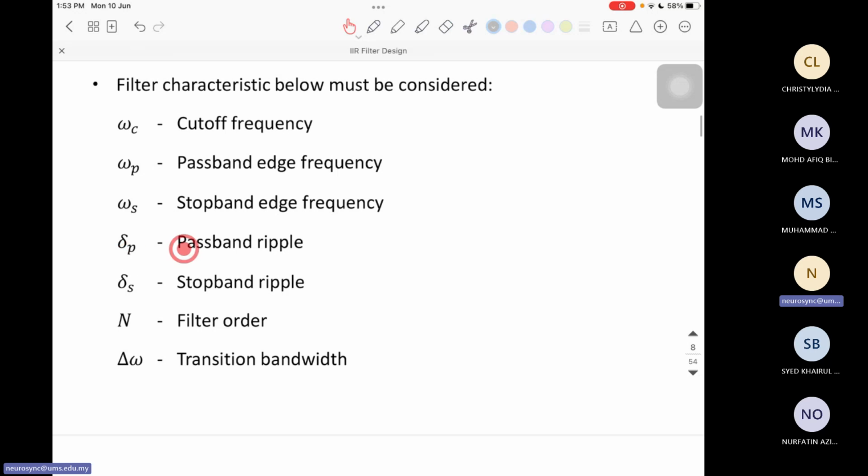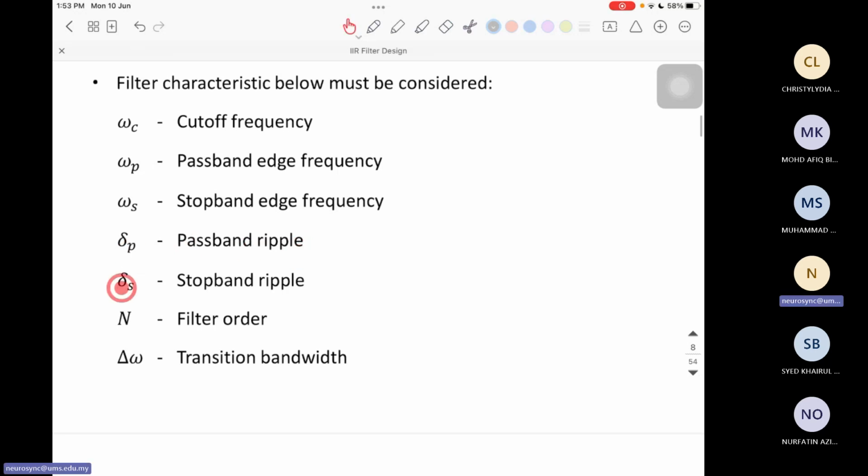Delta P is the pass band ripple. Delta S is the stop band ripple. Capital N is the filter order, which is very important. How much should the order of the filter be? We should design a filter such that we get the desired characteristics of the system with the minimum N possible.